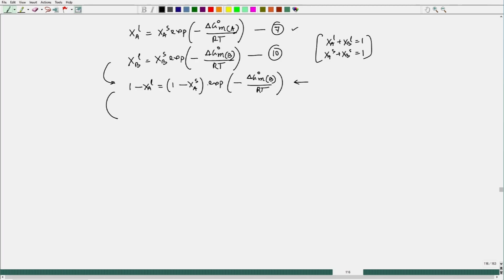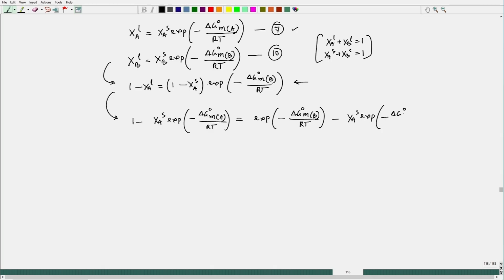So from this I can write 1 minus XAS exponential minus delta G naught M A divided by RT equal to exponential minus delta G naught M B by RT minus XAS exponential minus delta G naught M B by RT.